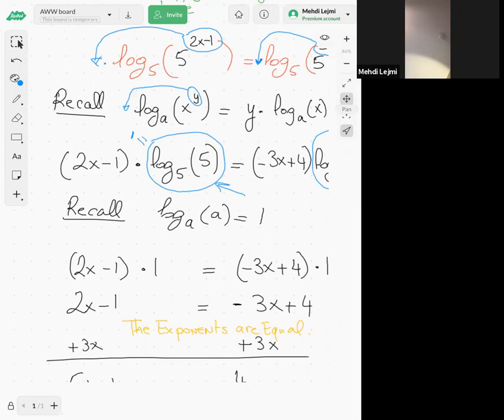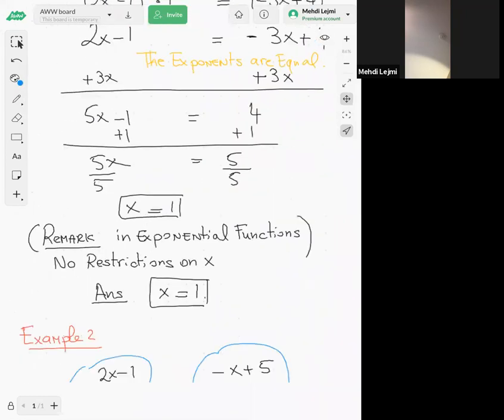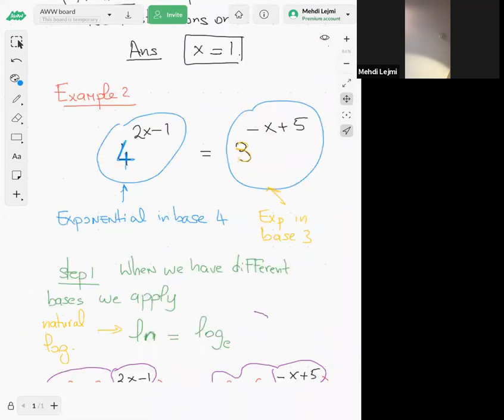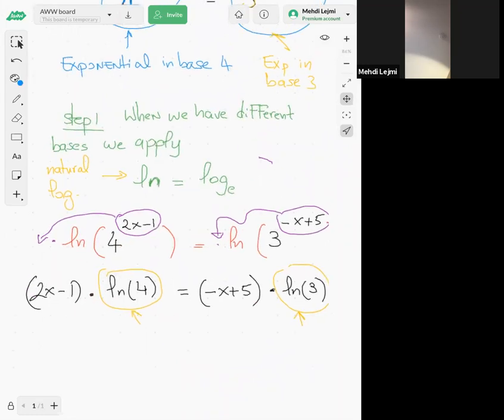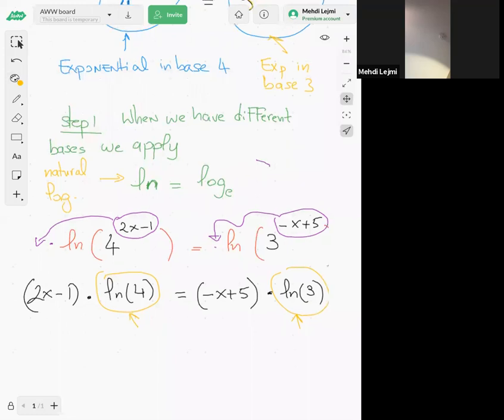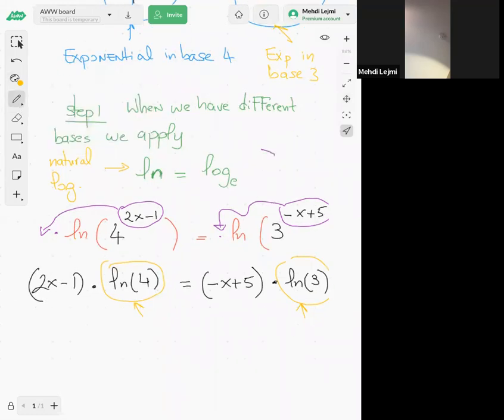But here we have this natural log of 4 and this natural log of 3, and they are just decimals. They are not whole numbers, they are just some decimal numbers, okay?